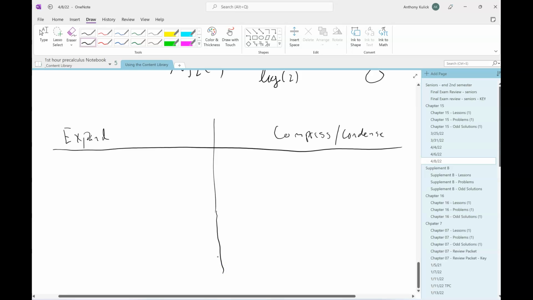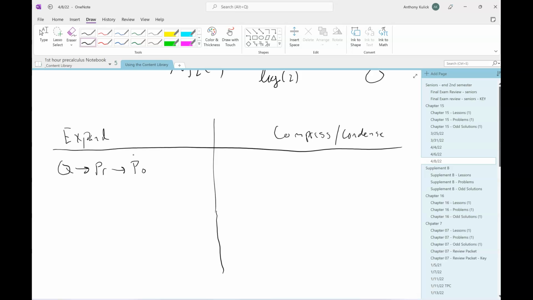For expanding problems, we want to do quotient, product, and then power, unless we have some parentheses that would imply some other order.